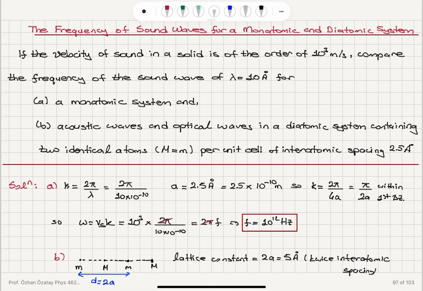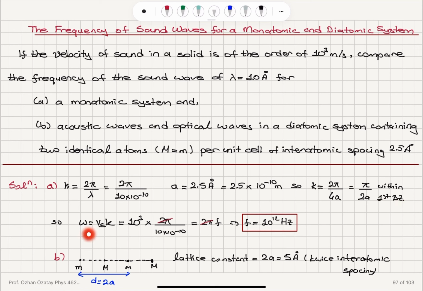Now, if this is a monatomic system, the interatomic spacing of 2.5 angstroms is the lattice constant, and we can see that the k value corresponding to this wavelength, 2 pi over 4a, is pi over 2a. That's within the first Brillouin zone and far from the Brillouin zone boundary.